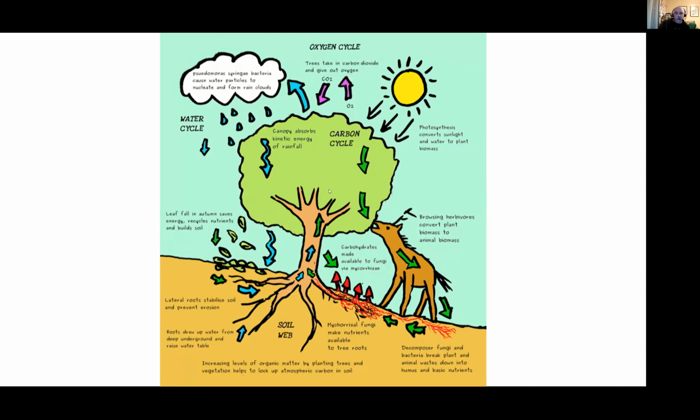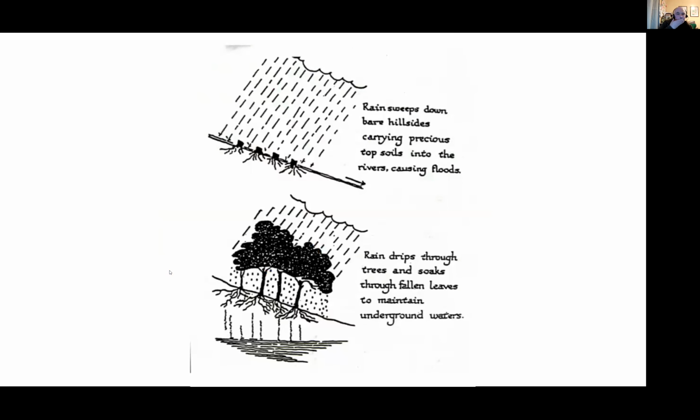Something else our tree is doing in terms of its functions is that the lateral roots here are stabilising soil and preventing erosion. We talked more about this yesterday, but just to briefly revisit, if we've deforested our hillsides and removed all the tree cover, rain will sweep down, carrying away precious topsoil into the rivers and causing floods.